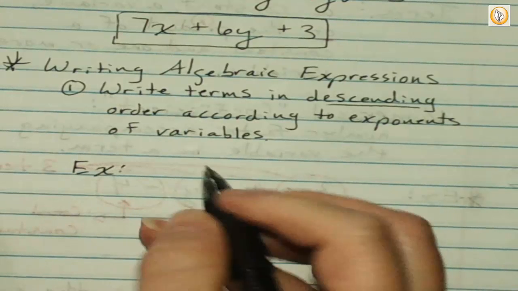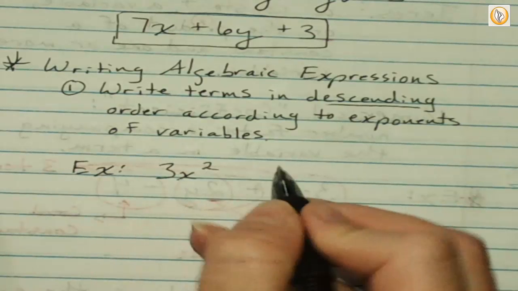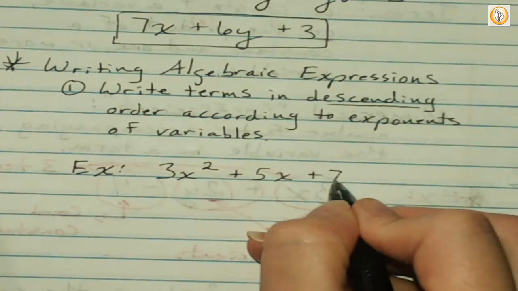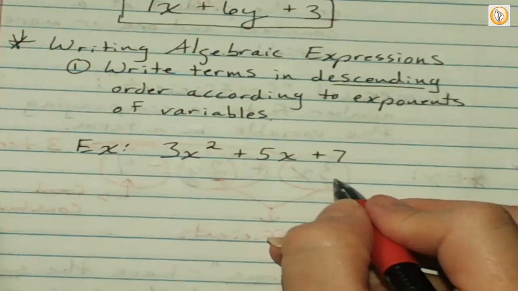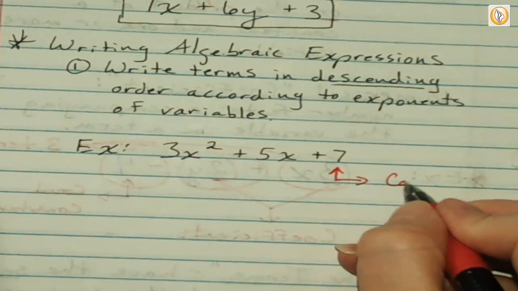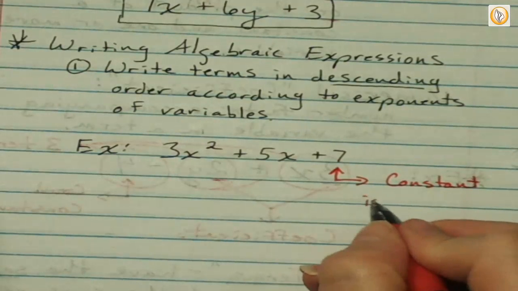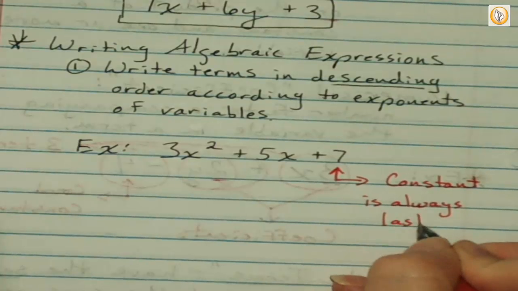For example, and I'll let y'all catch up, 3x squared plus 5x plus 7. And you know that the constant is always last.